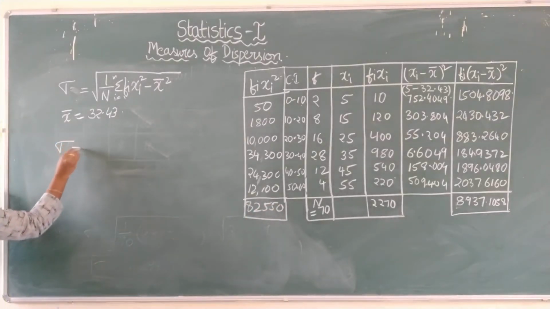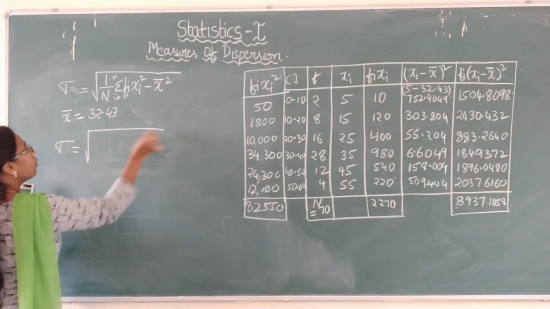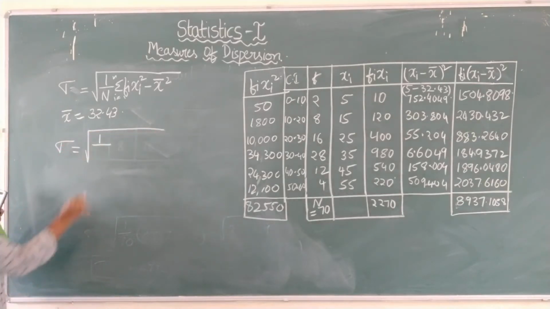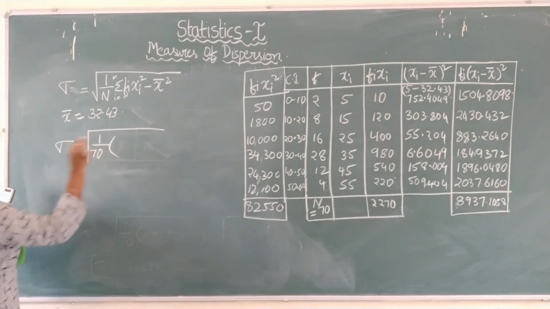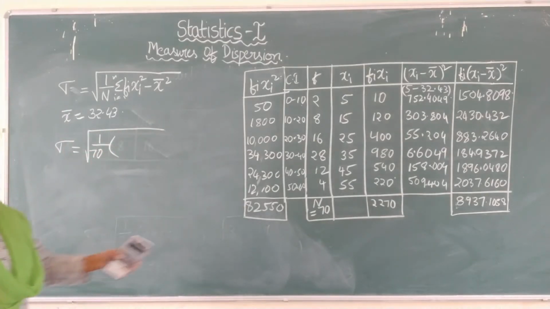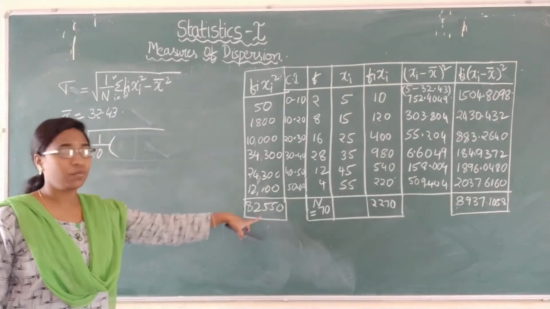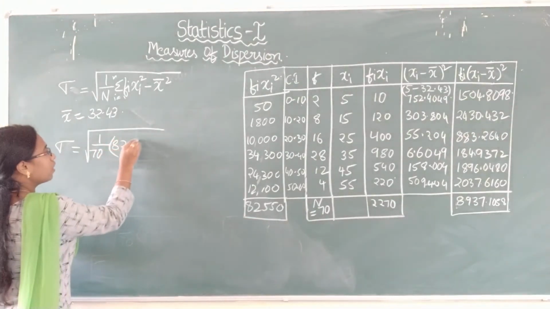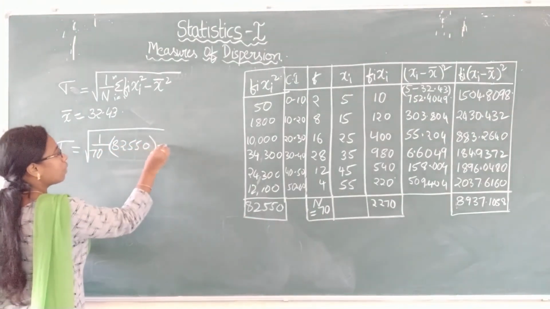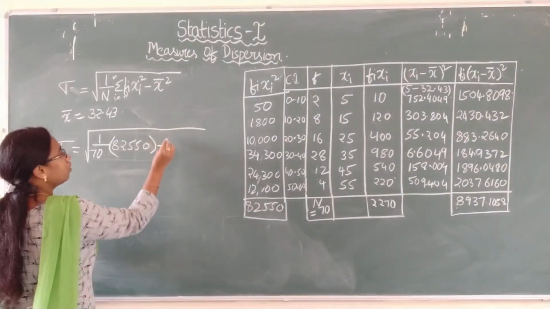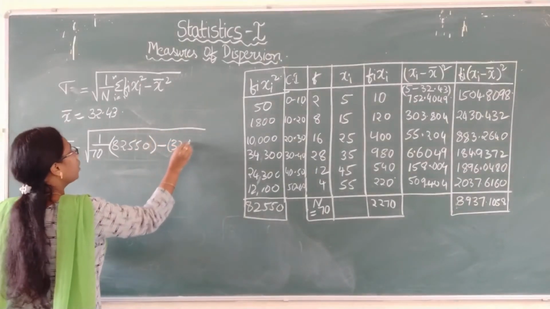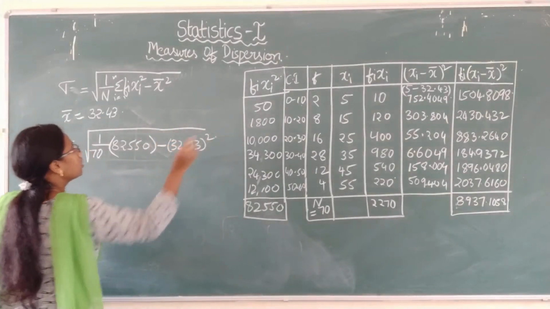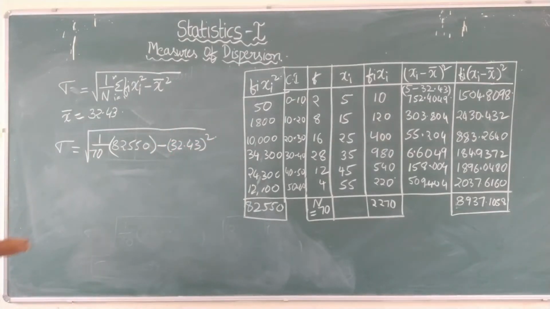So sigma equals to square root of 1 by n, that is 1 by 70, into summation fi xi square value, which we got as 82,550, minus the mean value 32.43 whole square.